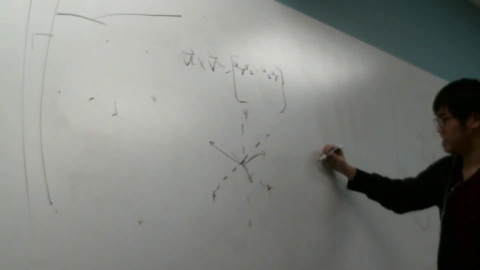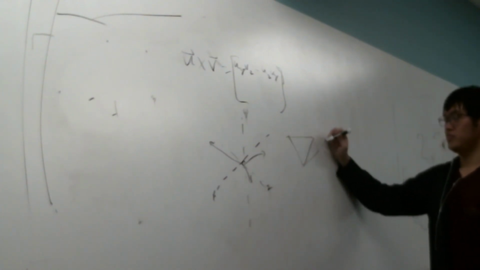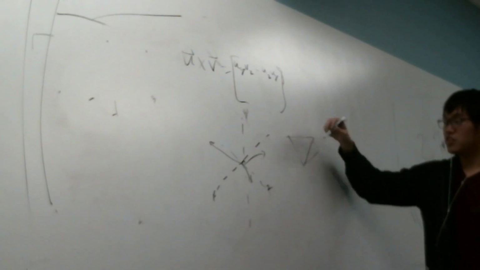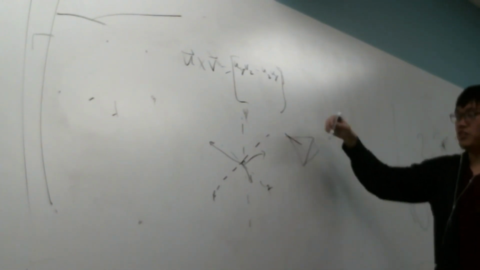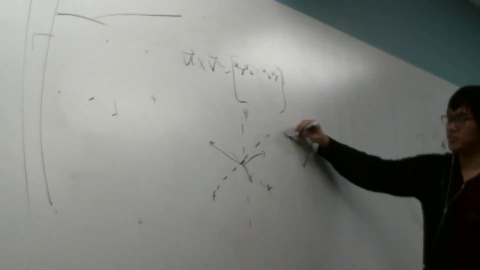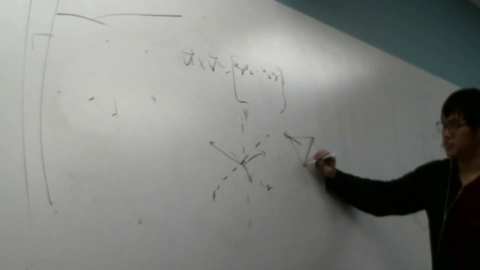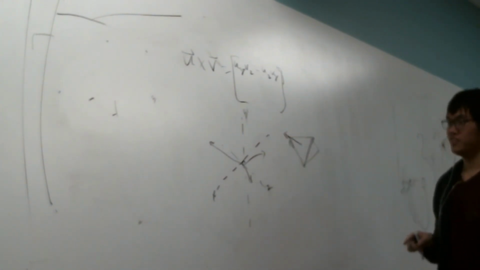Very useful. Let's say you have some kind of mesh, like a pyramid. You can get the normal of this mesh by taking vertices, getting the difference vectors, and then crossing those two together.